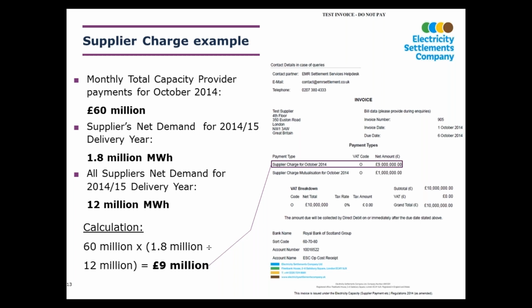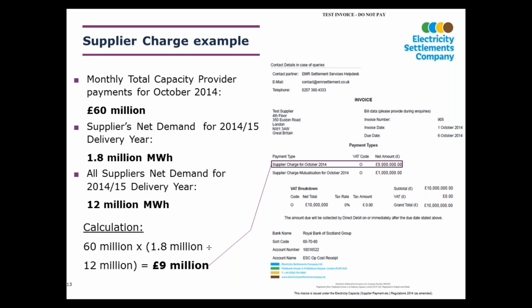So the monthly total capacity provider payments for October 2014, remember, completely made up, £60 million. This fake supplier's net demand for the 2014-15 delivery year, remember that's periods of high demand, was forecasted at 1.8 million megawatt hours. And the fictional all suppliers' net demand for the 2014-15 delivery year, periods of high demand, we made up to be 12 million megawatt hours.